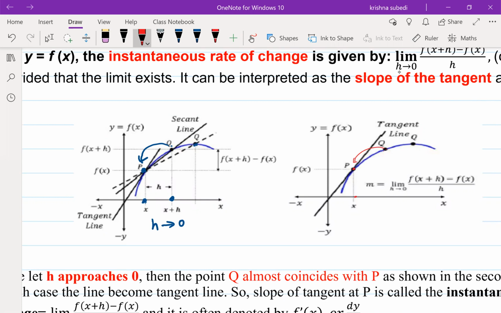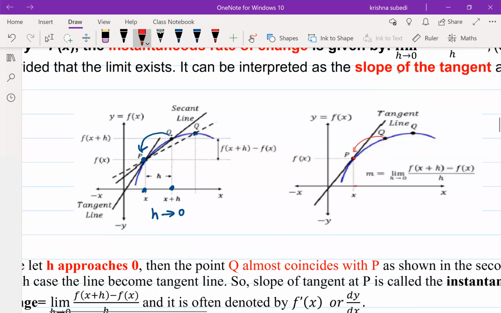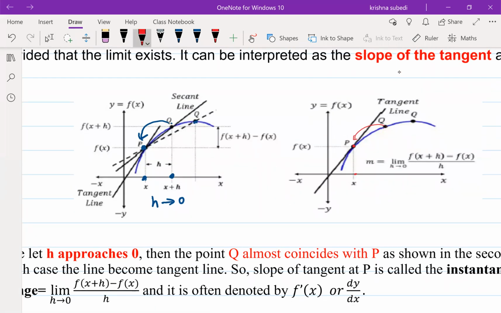And that means the slope of this tangent line becomes the limit as h tends to 0 of f of x plus h minus f of x over h. This is the slope of the tangent line, because when h is almost 0, then P and Q almost overlap each other, and in that case you just get a tangent line passing through P, given by this limit.